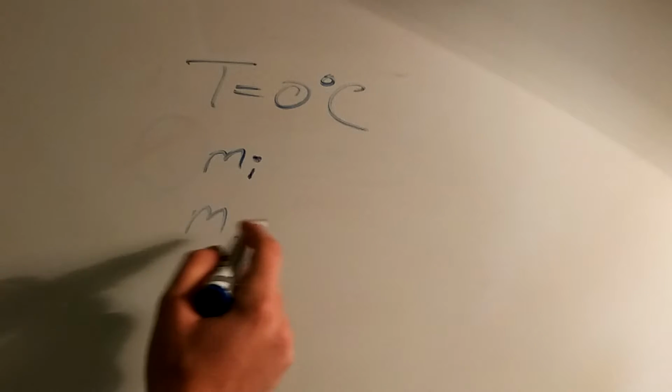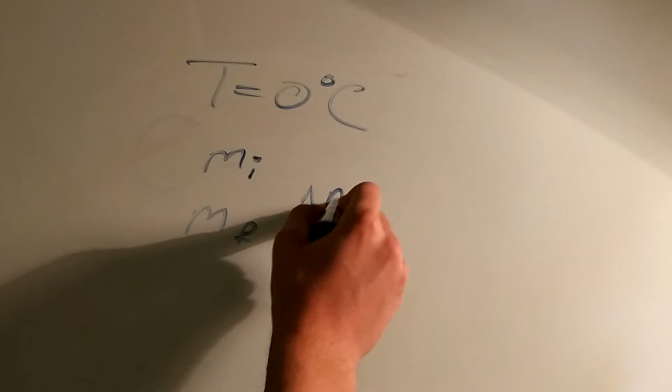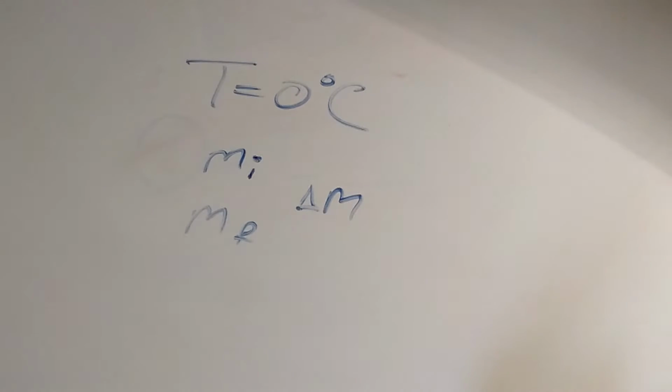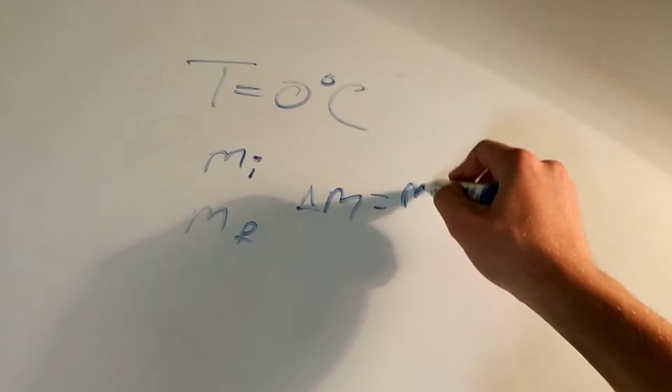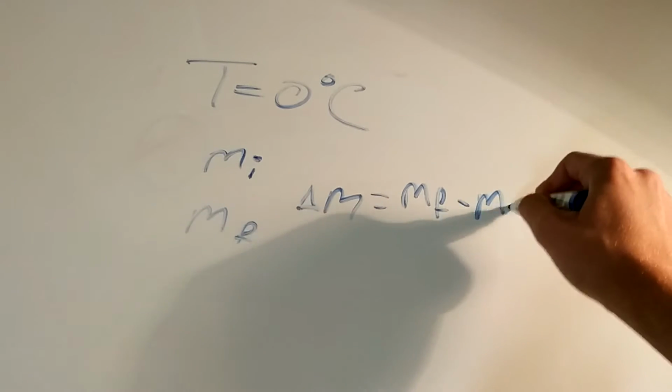When we add heat to that system, the ice will begin to melt, and if we add enough heat, all of the ice will melt, and in that case the change in mass of the water, the higher phase material, will be the final minus the initial.